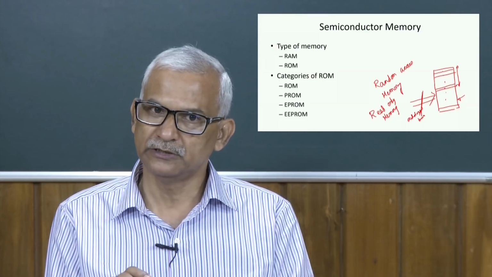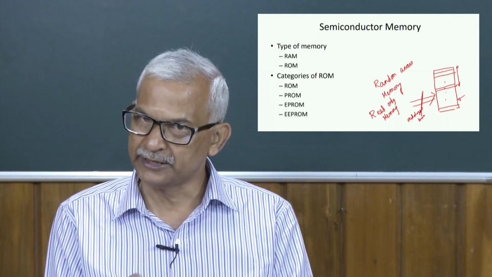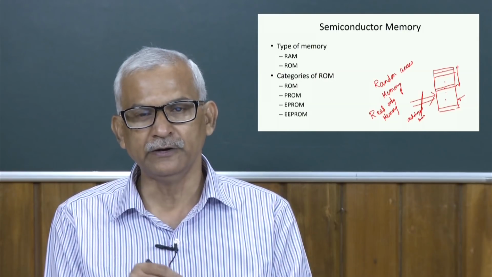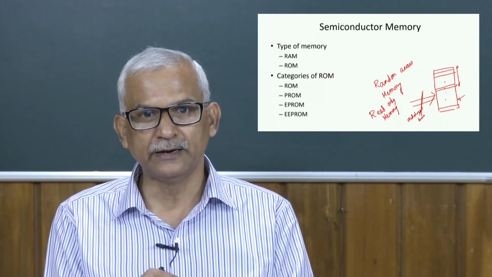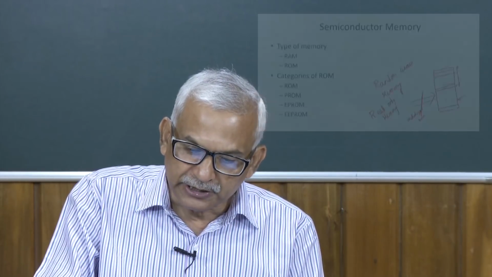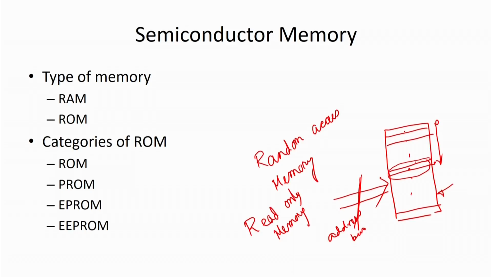This is programmable, it is erasable, but erasing is not like that we have to erase the entire chip. Here it is called electrically erasable. If we find that there is a mistake in a particular memory location, then we can erase that location and rewrite it. We need not rewrite the entire memory. So, this is your EEPROM.